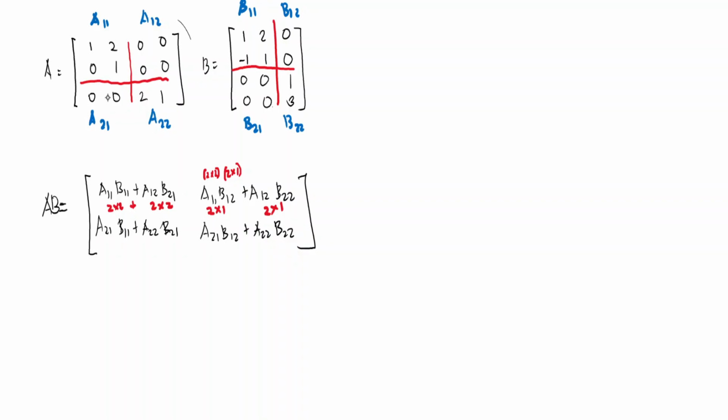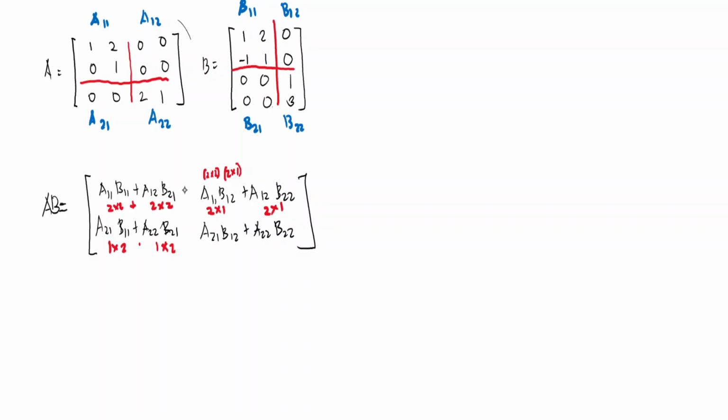And we have here a 1 by 2 multiplied by 2 by 2. So you will have 1 by 2 here, and then this is 1 by 2 multiplied by 2 by 2. So also we have 1 by 2. So we can do the addition also of these two matrices.